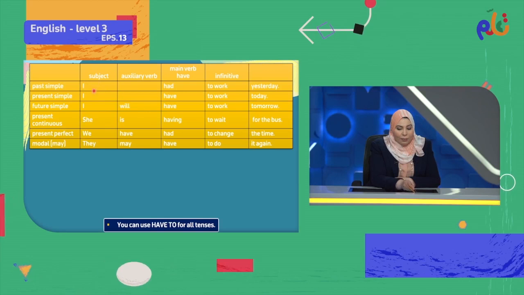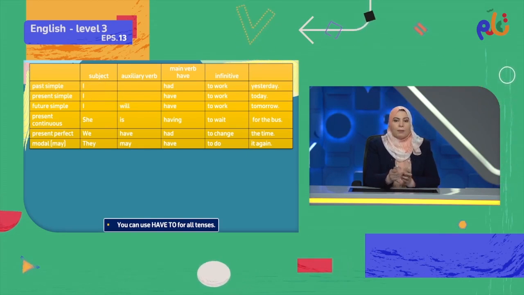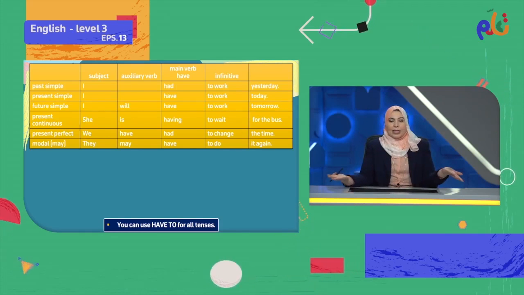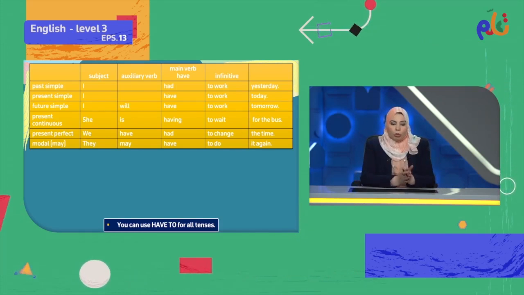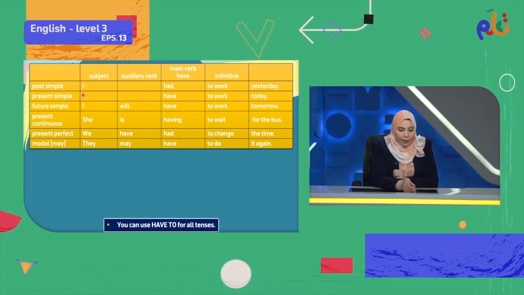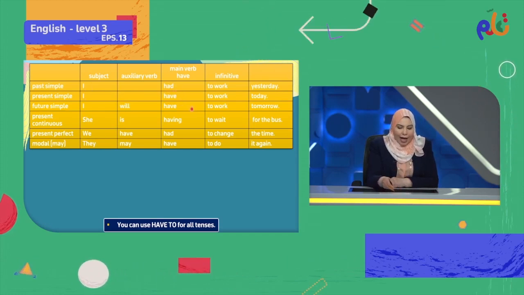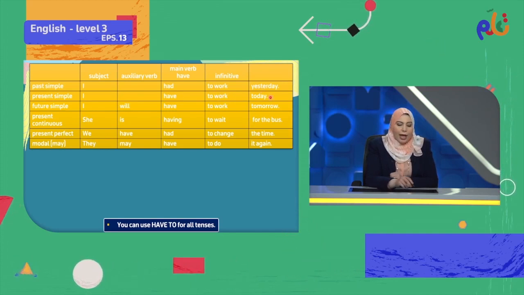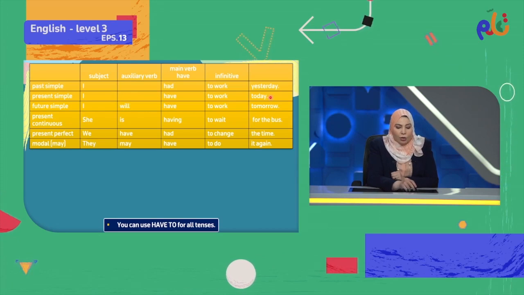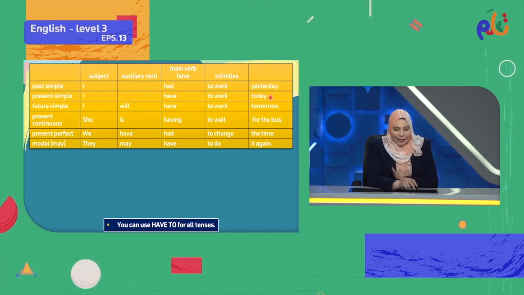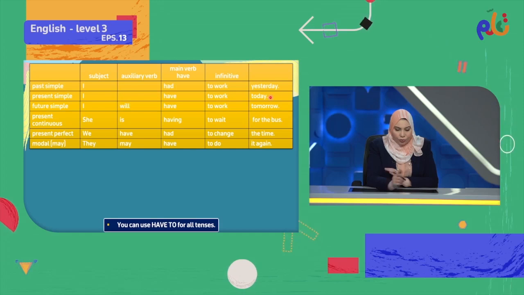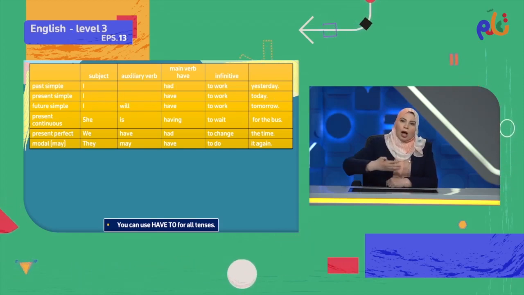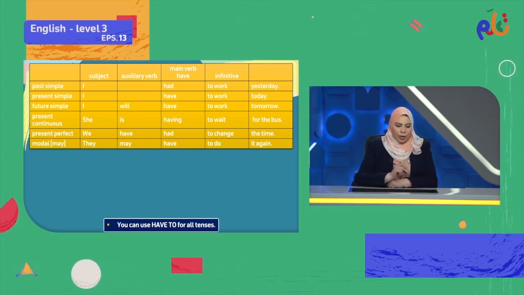And if we're talking about the present simple, it has 2 different forms: have and has, same as the have and has that we know. I have to work, I have to study, I have to do my work. And if we're talking about he, she or it, it's has to. For the future, I will have to.